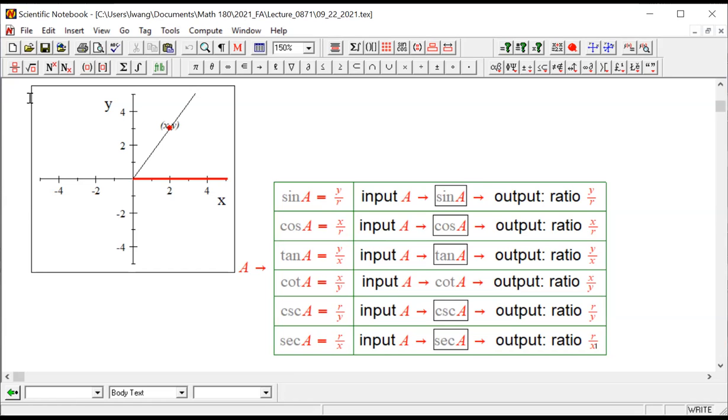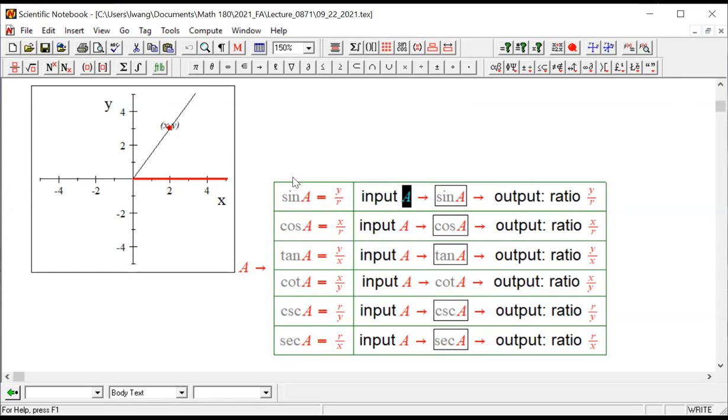When you look at this quantity, I put A here. What if I put X? It doesn't matter. It's just a placeholder. You can call it X, you can call it Y, you can call it baloney, you can call it heart, you can call it spade. It is an angle measured from standard position, and the output is a ratio.